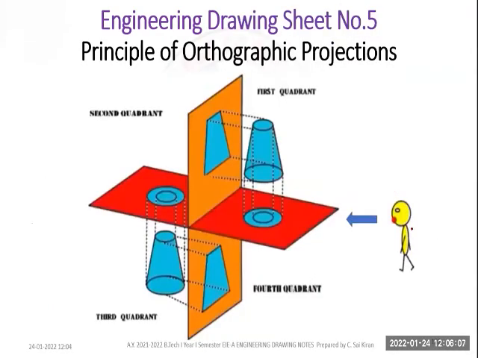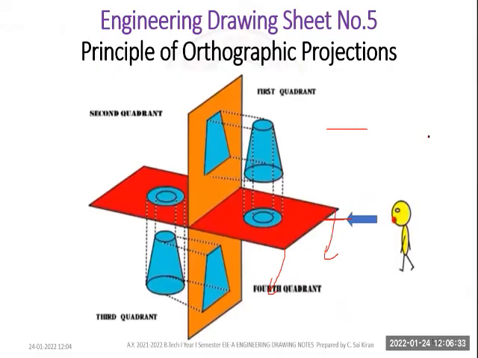The observer will have the eyesight with respect to the horizontal plane, and these are the views. In the first and third quadrants, you have to rotate clockwise. So this is my XY line. On top of my XY line, I can see this shape, and I need to project these lines.